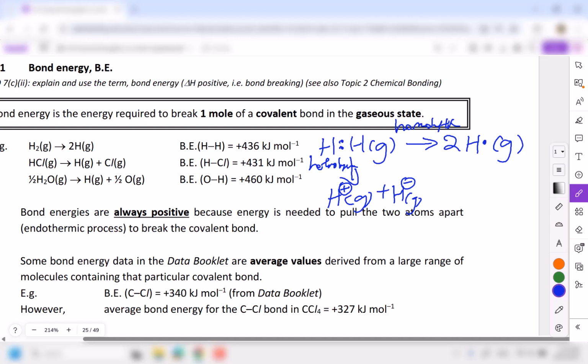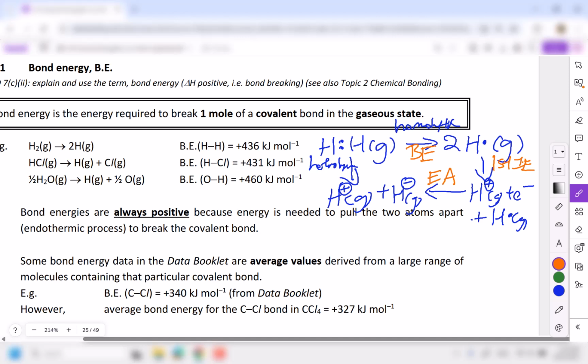That actually involves the first ionization energy of H, so you get H+ gaseous plus an electron, plus the remaining H atom, and then an electron affinity over here. So that's the difference. For heterolytic breakage, it involves three terms. This is bond energy, this is first IE, and this is electron affinity.